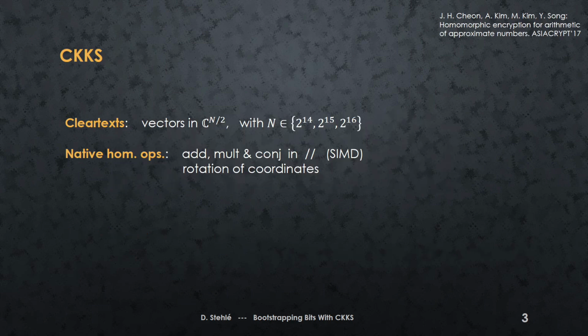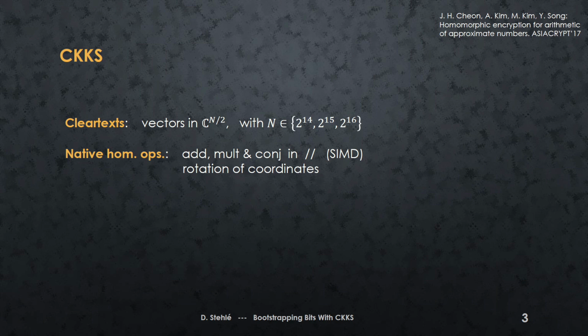Okay, a few reminders on CKKS. The native cleartexts of CKKS are vectors of complex numbers, and the dimension of the vectors is somewhere from 2^13 to 2^15.